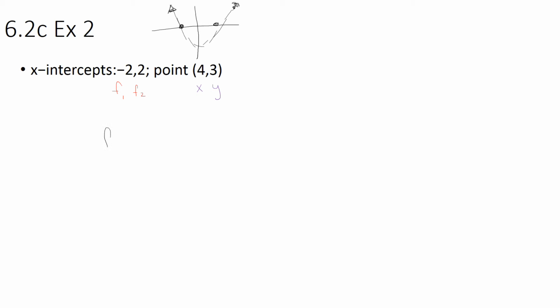Plug them in. So f of x is equal to a times x minus your first one, x minus your second one. Okay, negative 2 and 2. Simplify that. A times x plus 2, x minus 2. Okay, so now I'm going to plug in my values for x and y.